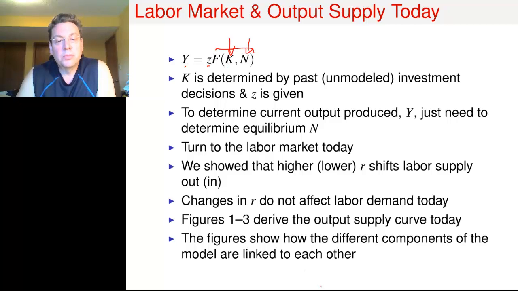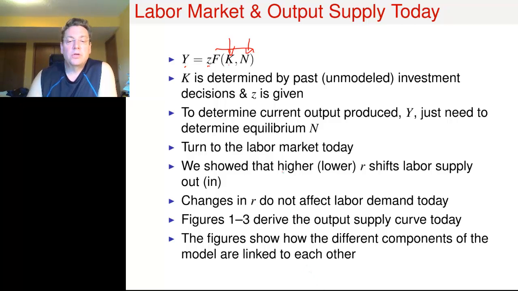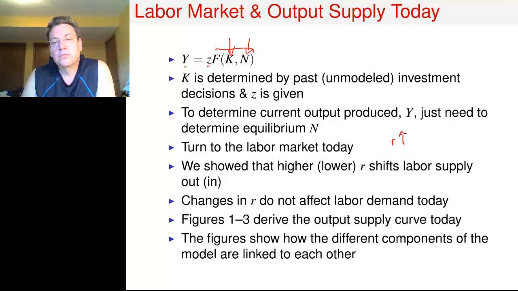So let's go to the labor market. We've already shown that a higher real interest rate increases the relative cost of leisure today, and therefore induces people to substitute out of leisure and into supplying labor.